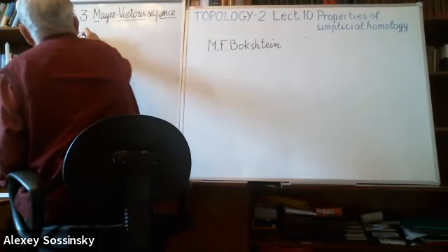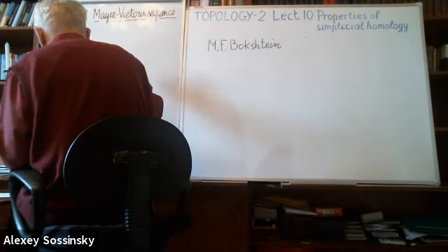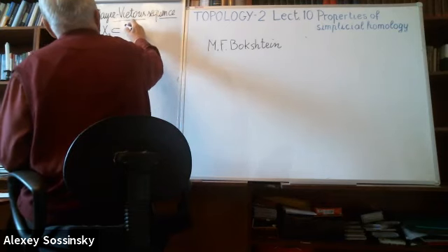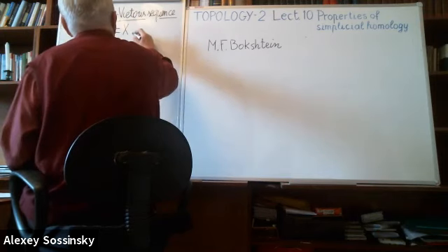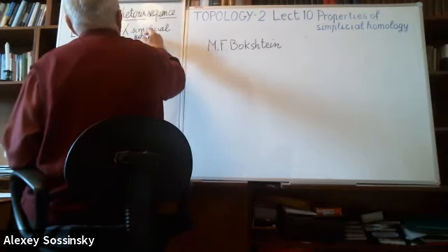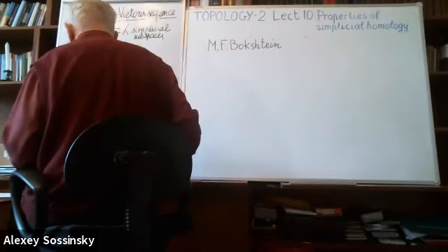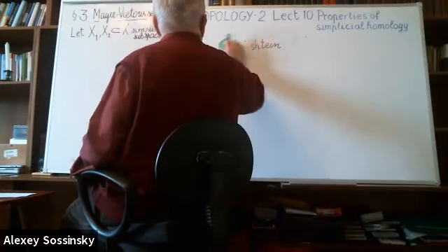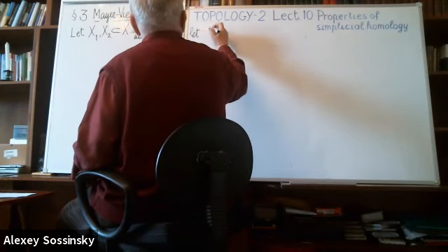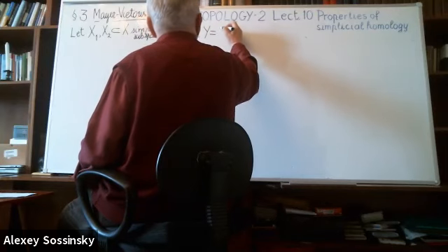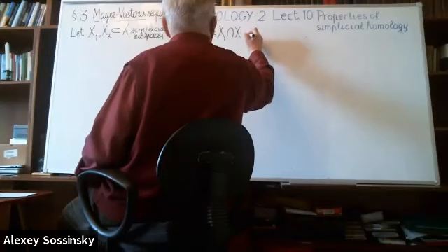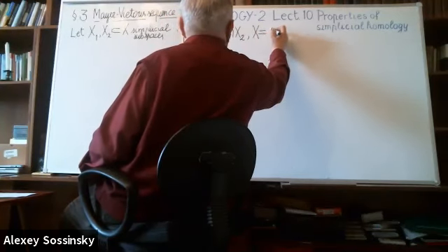Let X1 and X2 be simplicial subspaces of a simplicial space X. Let Y be the intersection of X1 and X2 and X be the union of X1 and X2.